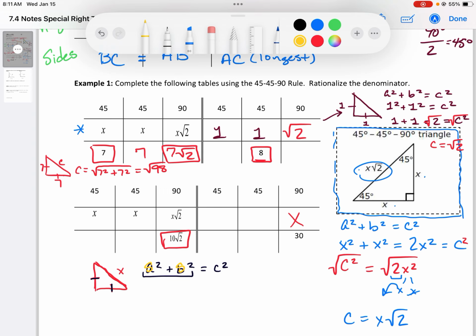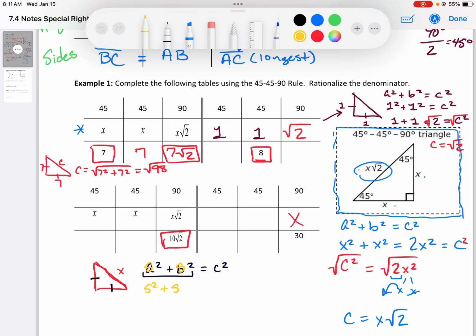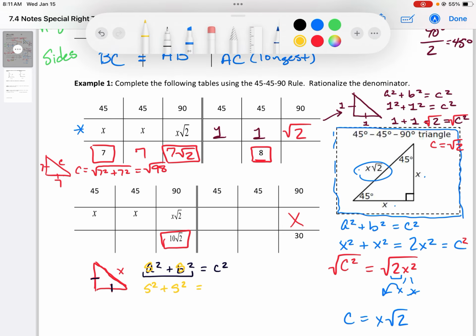So I'm going to say s squared plus side squared equals x squared. Sorry. So now I'm going to put these two together. 2 times side squared equals x squared. Still trying to figure out what my side is.